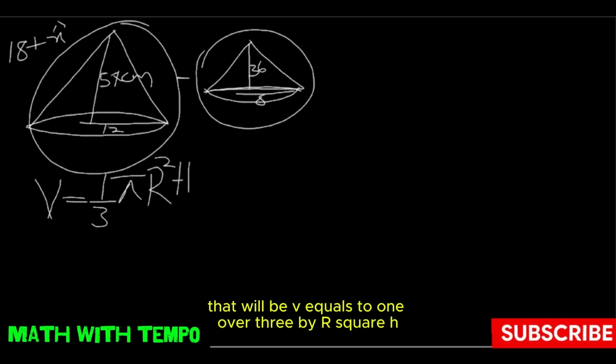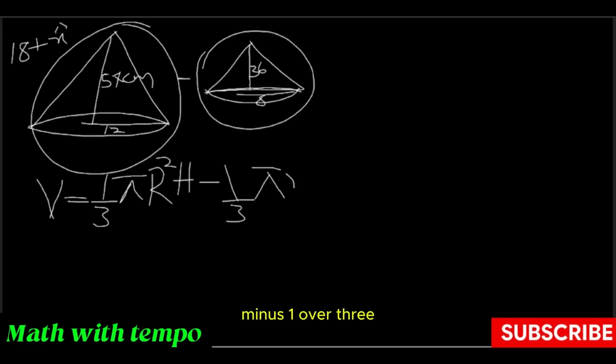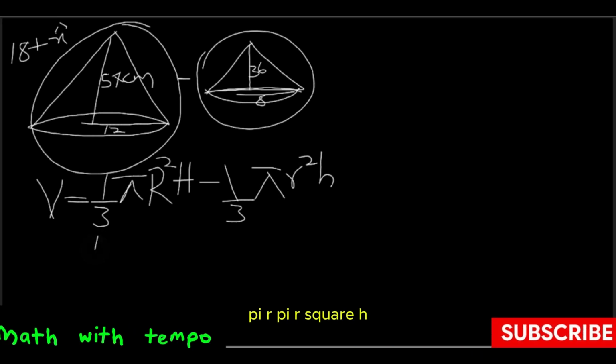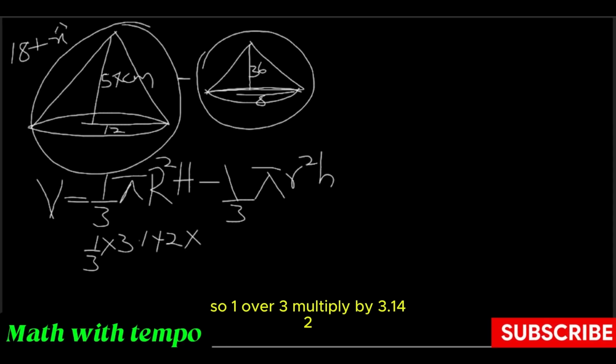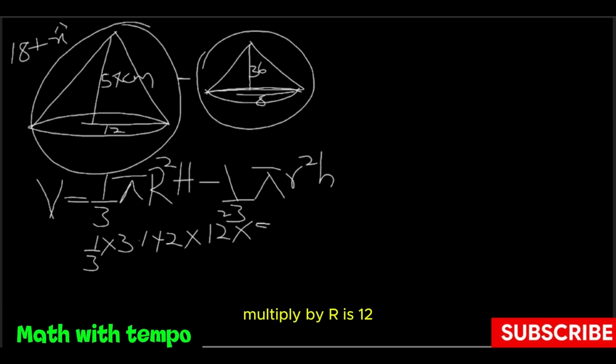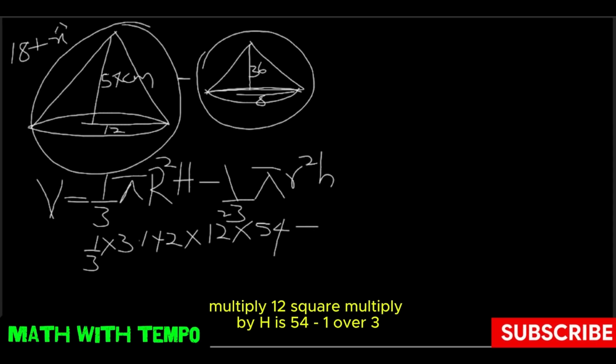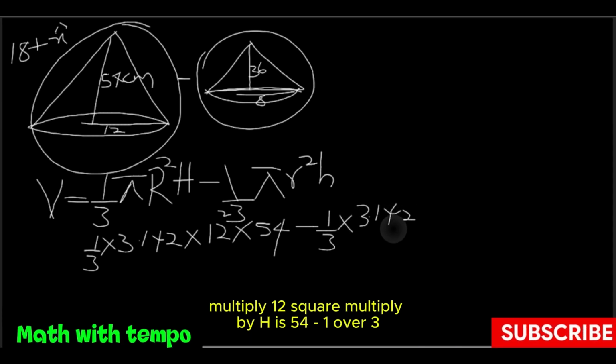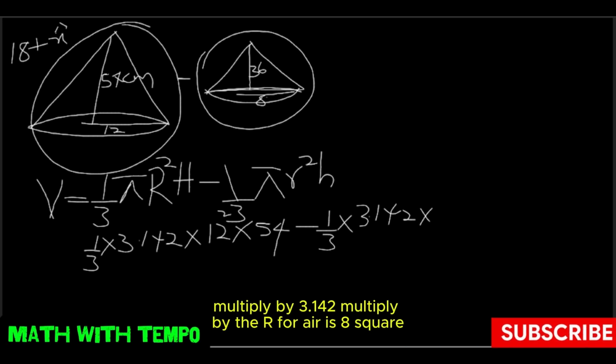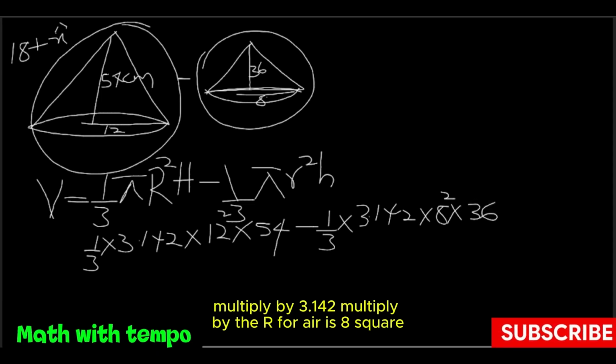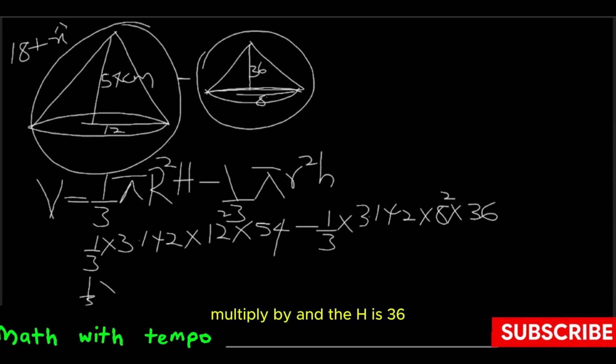So that will be V equals 1 over 3 pi R squared H minus 1 over 3 pi R squared H. So 1 over 3 multiplied by 3.142 multiplied by R is 12, 12 squared, multiplied by H is 54, minus 1 over 3 multiplied by 3.142 multiplied by the R for here is 8 squared, multiplied by the H is 36.